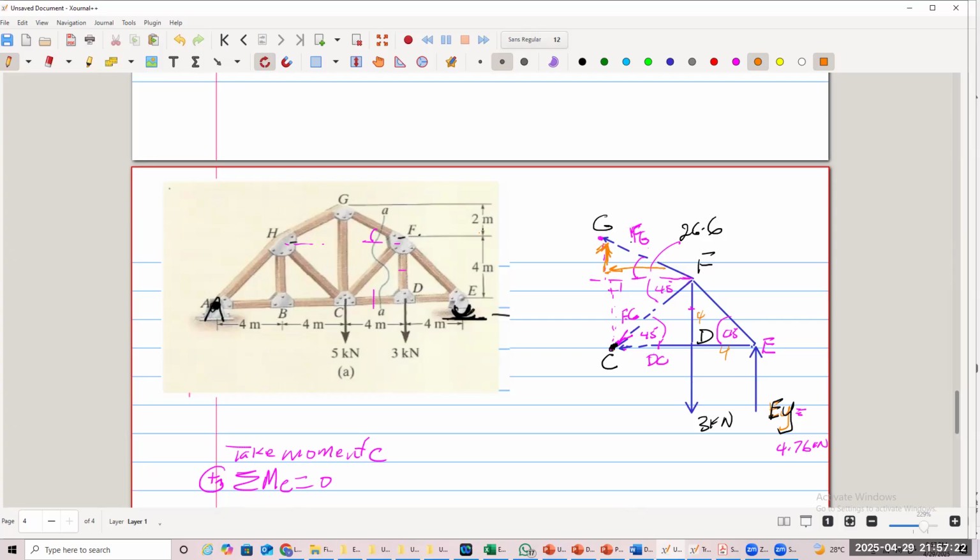I think we're going to go for the horizontal forces first. So we take moment and look for the horizontal component. The horizontal component here is going to be FG cos 26.6. But look, it's going in the negative direction, pointing that way.